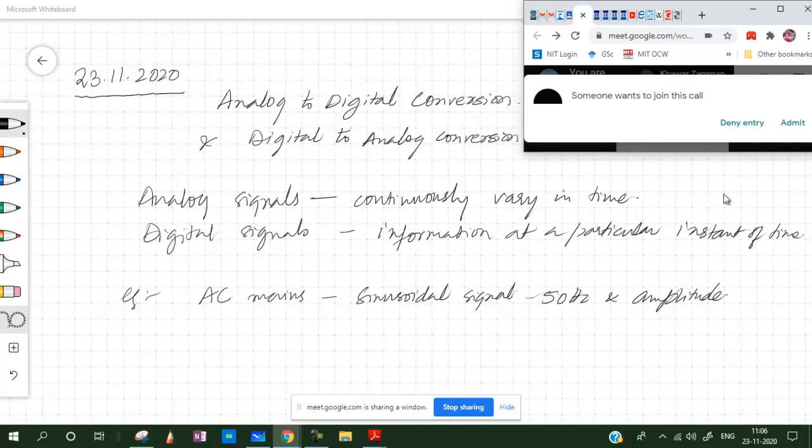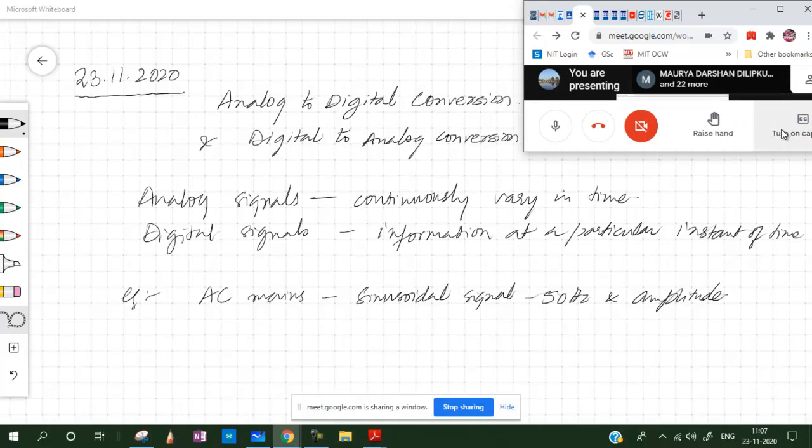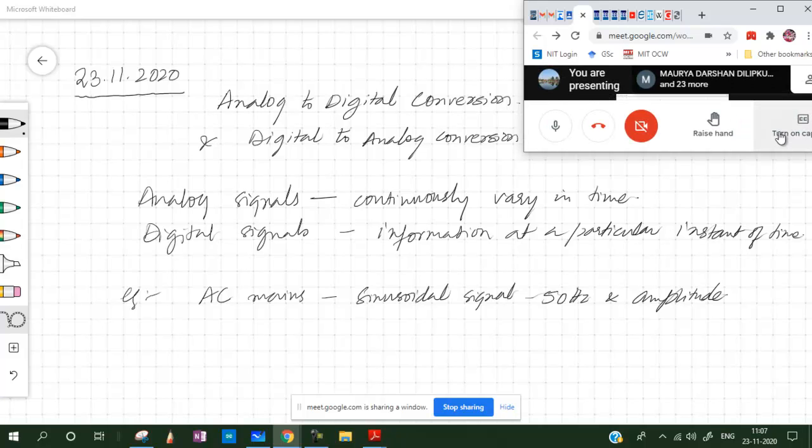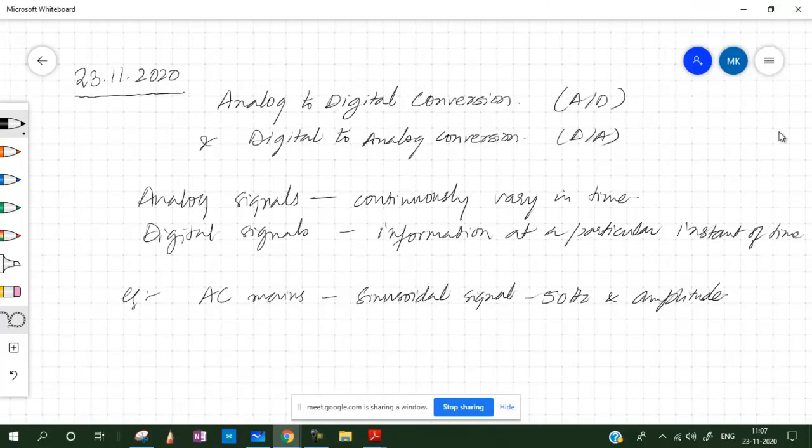Another example could be the stress strain relation, which we generally see in mechanical systems or mechanical components. This is also analog.